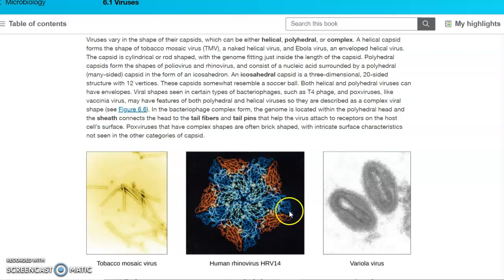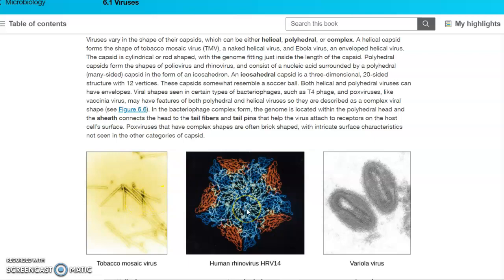Polyhedral capsids, like this example here in the middle, that is the human rhinovirus, one of the causative agents of the cold, is many-sided. It's almost geometric, and one of the most well-known or well-studied is the icosahedral capsid. It kind of looks like a soccer ball, where it has these geometric shapes that all link together.